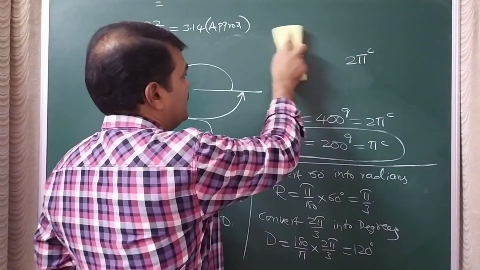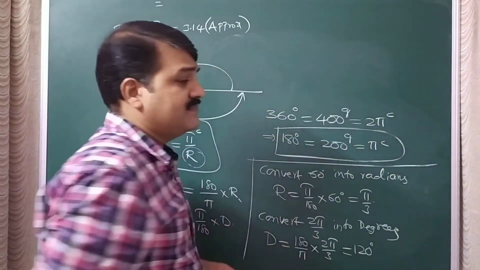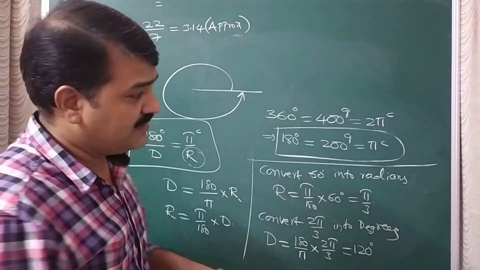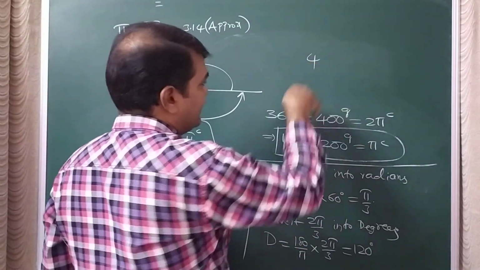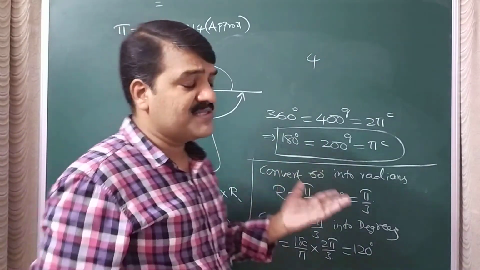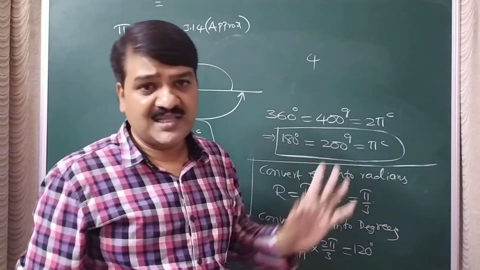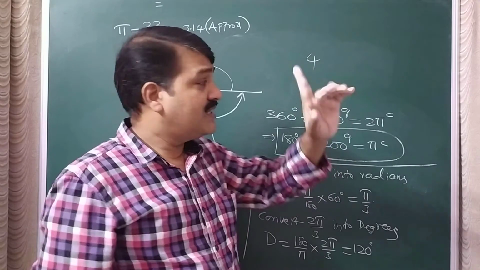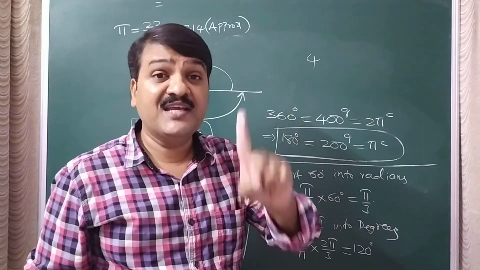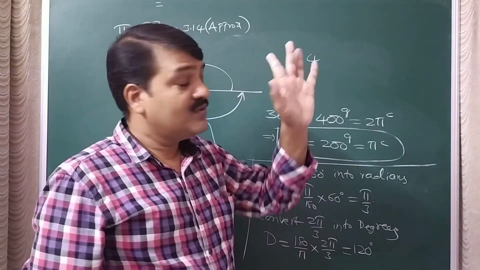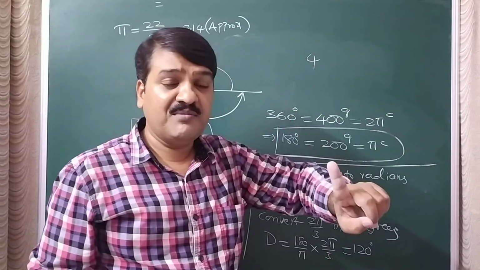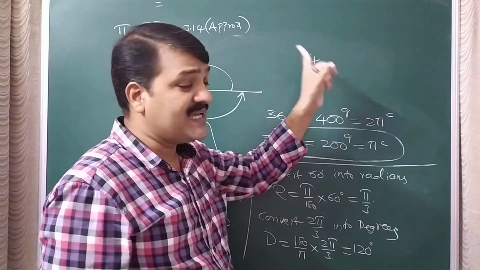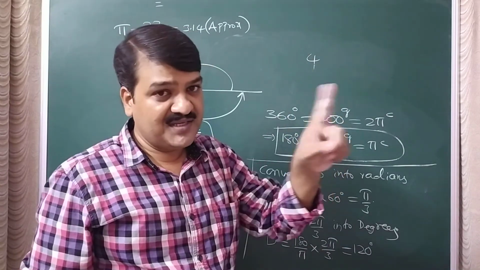Okay. So next, whenever an angle is given without any symbol, no symbol is given, whether it is degree or radians, nothing is given. So when an angle is mentioned without any symbol, that is understood to be in radian measure only. We have to take it as 4 radians, but not degrees.